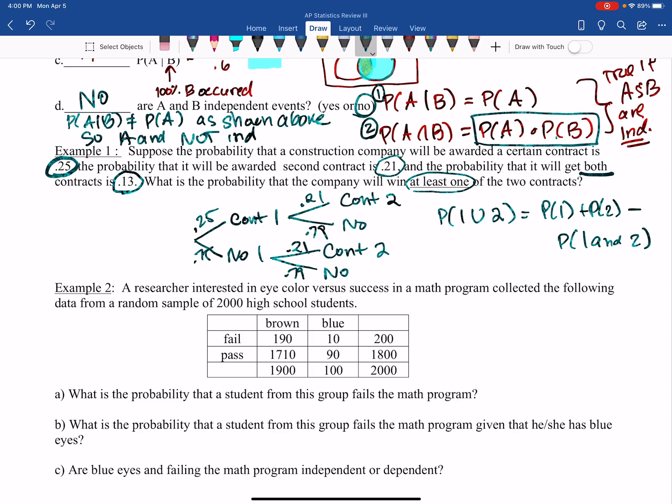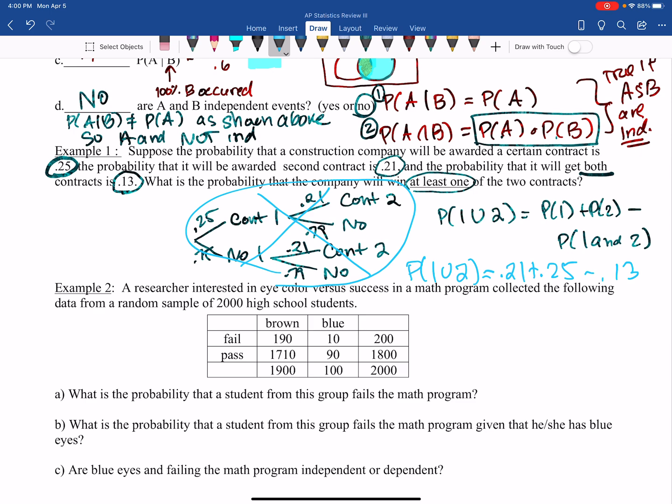So the probability that I get at least one contract, which really, honestly, I drew this out, but you don't really need all of this drawn out because I showed you the formula wise, but you could have done it that way. So the formula just works out just fine because if I plug all these in, the probability of contract 1 or contract 2 is going to be 0.21 plus 0.25 minus 0.13.